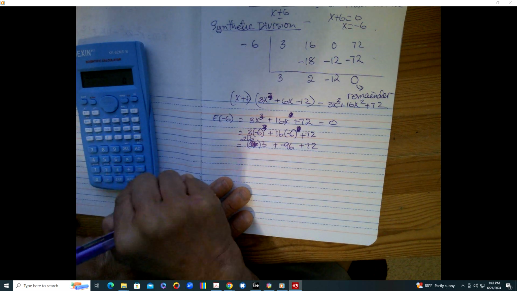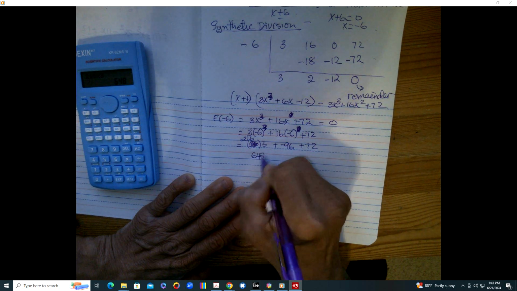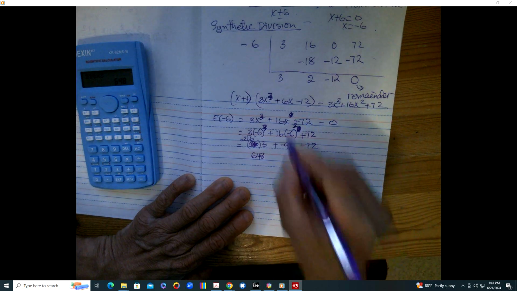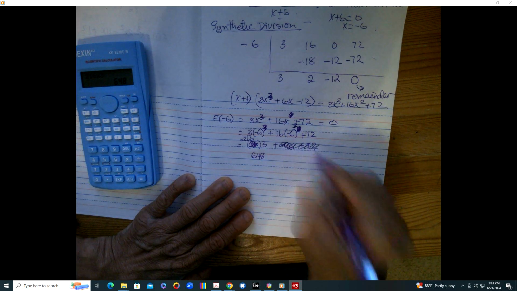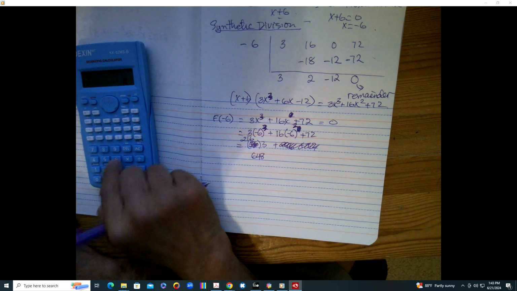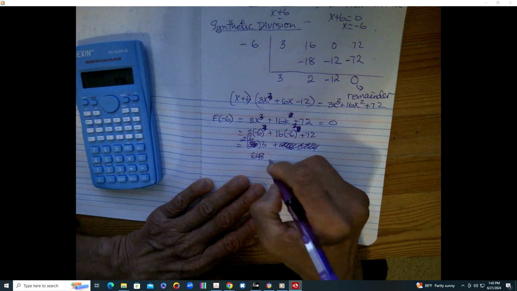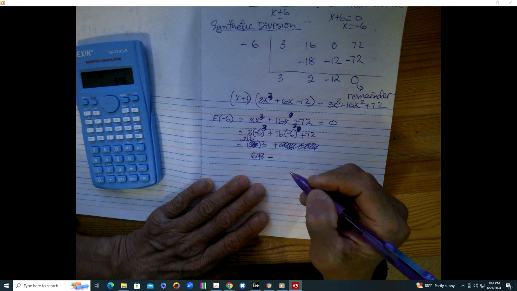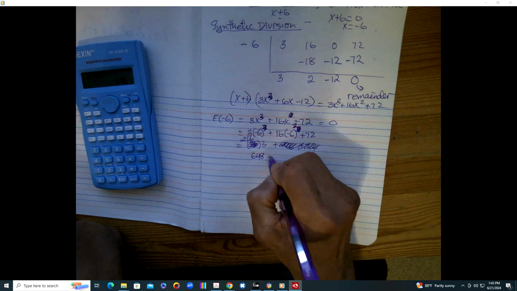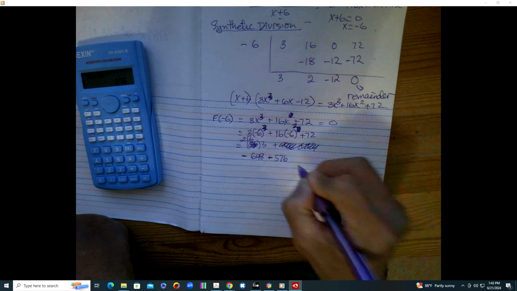216 times 3 is 648. And then this one is square. Okay, this is square. So 36 times 16 times 16, this is going to be a negative positive, but this is going to be a negative 576 plus 72.